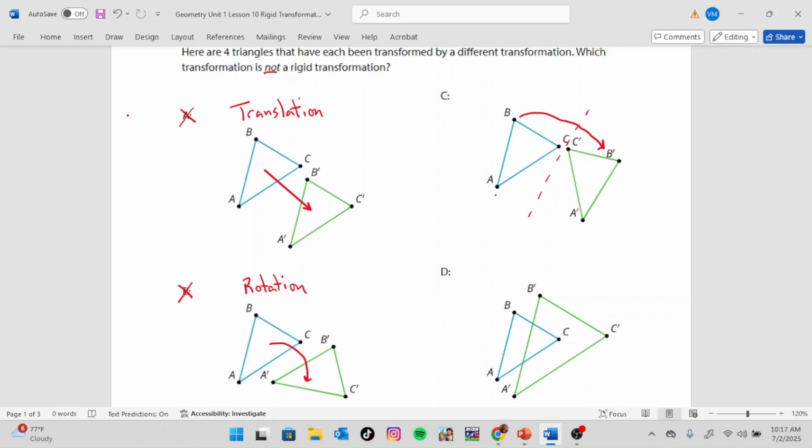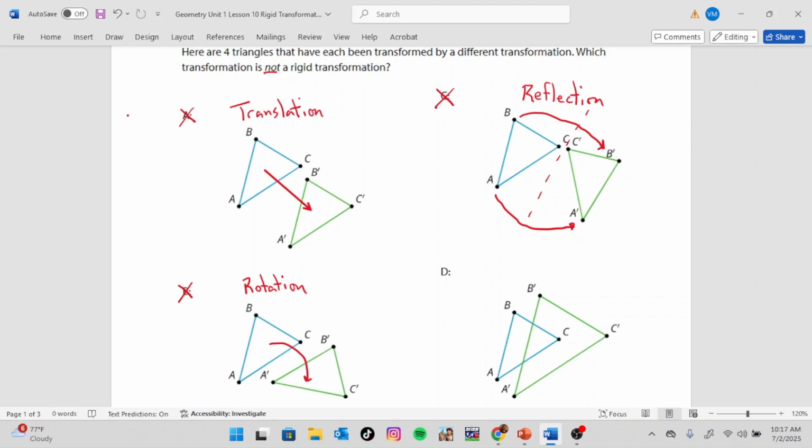I took A and I flipped it over. So this is what we would call a reflection. And a reflection is a rigid transformation. So C is not the answer we're looking for.